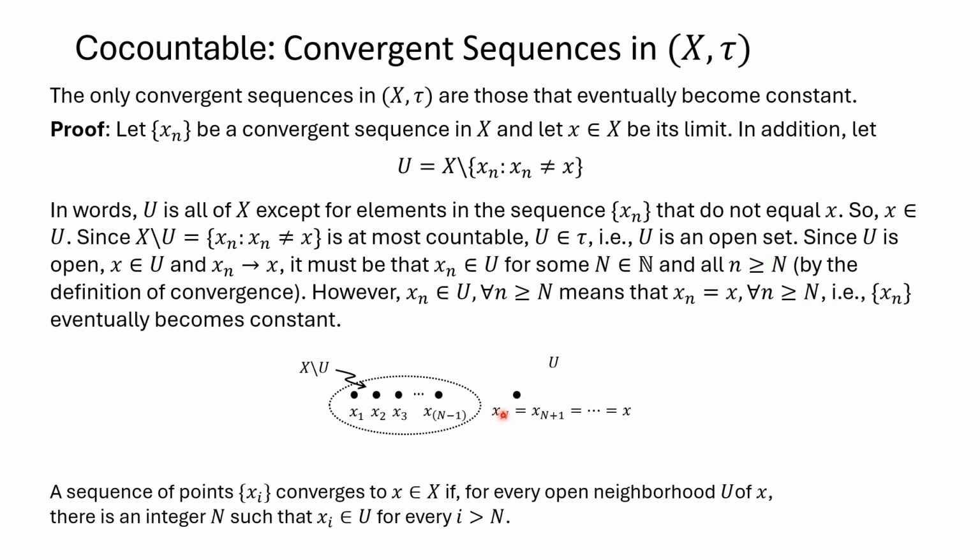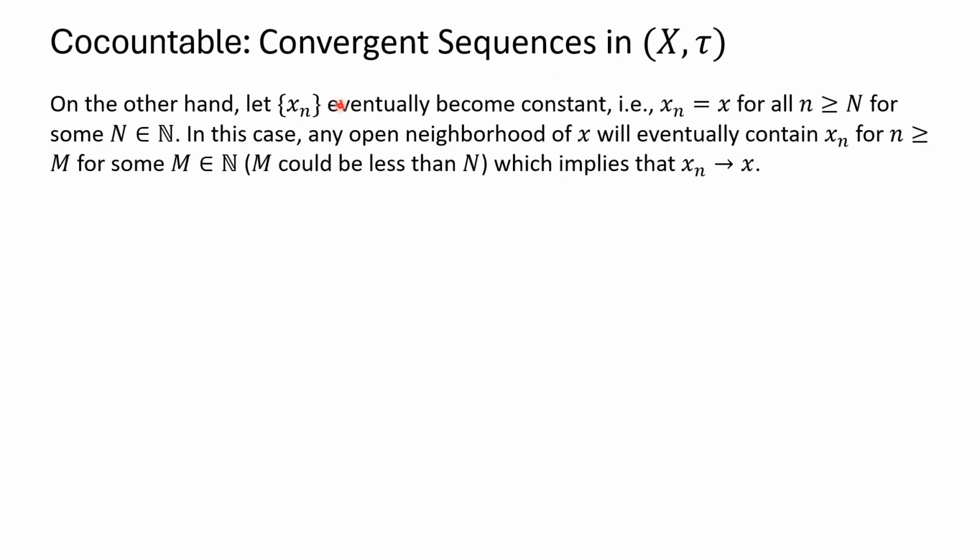At some point, all these members of our sequence have to equal x. So we've almost proven the theorem. We have one more part to prove, which may seem trivial, but I'll go through it in any event.